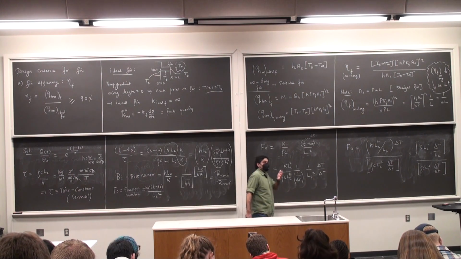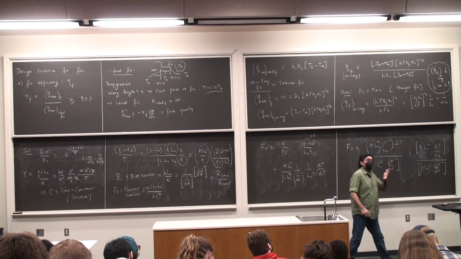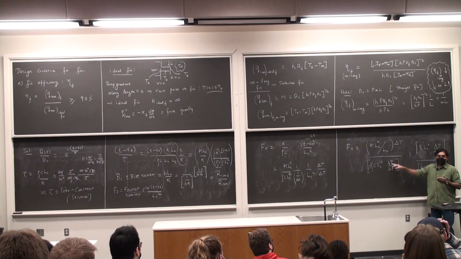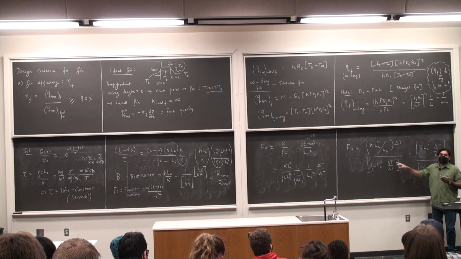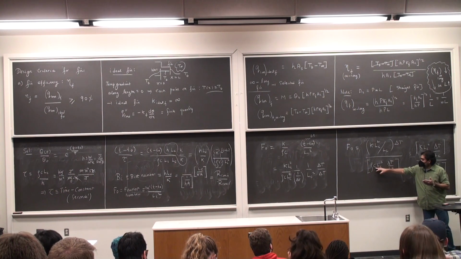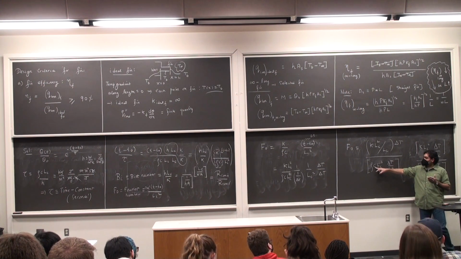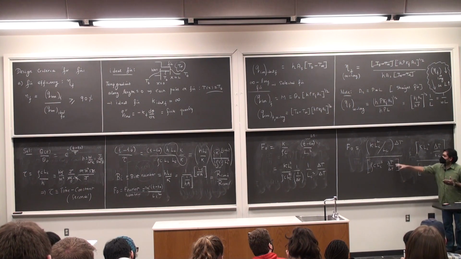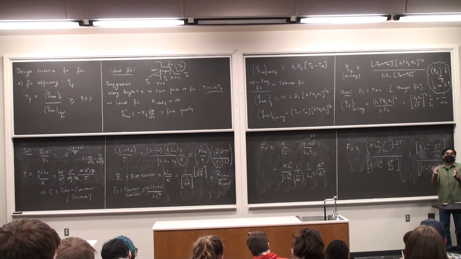The denominator quantity has this fraction delta T by delta little t. So this is an unsteady effect, and this is actually a volume quantity multiplied by the specific heat and density, which is mass times specific heat times dT by dt. So this is the rate of change of stored energy.